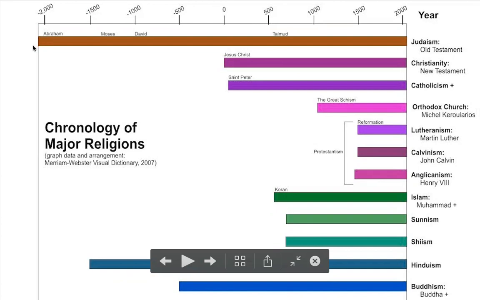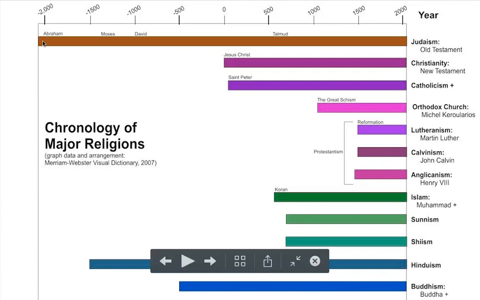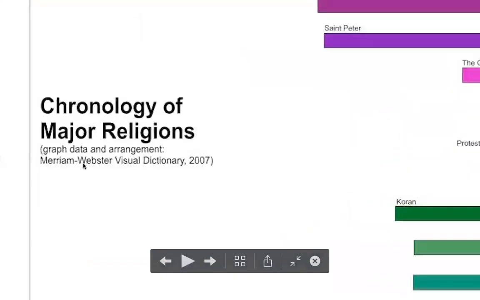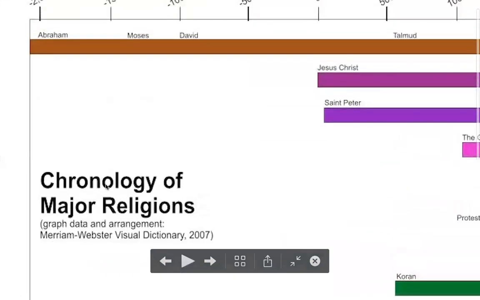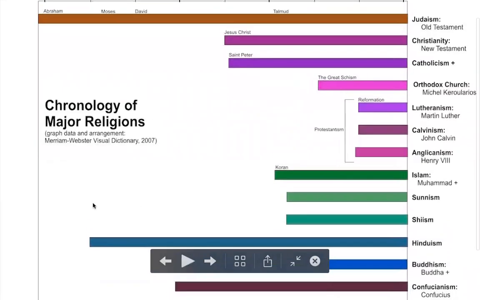So Sumerian polytheism or Akkadian polytheism that Gilgamesh would have practiced, that's long died out since, as has the Egyptian polytheism. So the oldest still surviving religions, according to this Merriam-Webster chronology, would be Judaism. After that would be Hinduism.